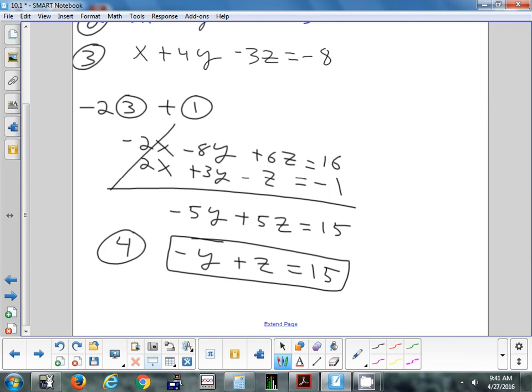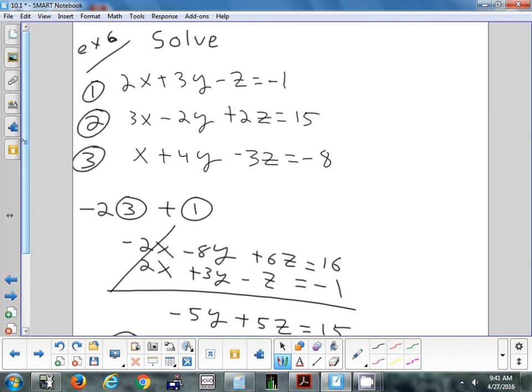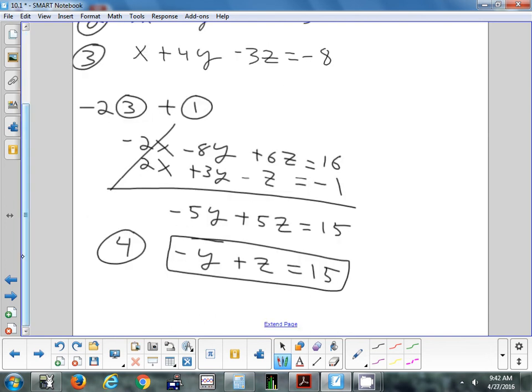My goal is now to get one more equation with just a y and a z in it. Okay? So I already used the first equation. Now I want to get rid of x in the second equation. Yep. Don't you mean it should equal 3? Oh, thank you. Yeah, because we divided everything by 5. That would have really messed us up.